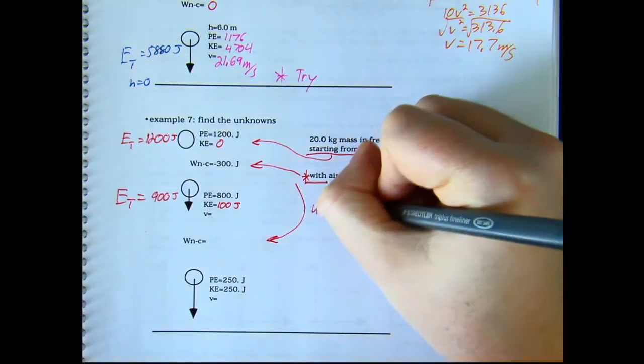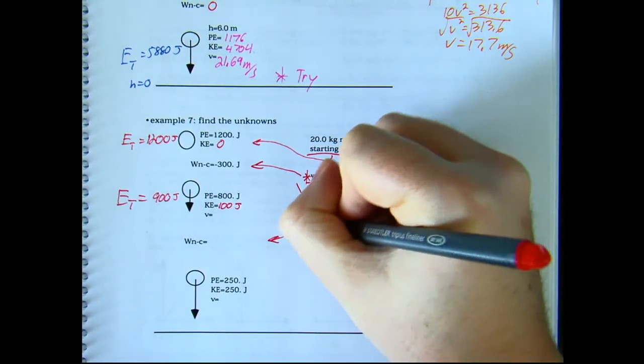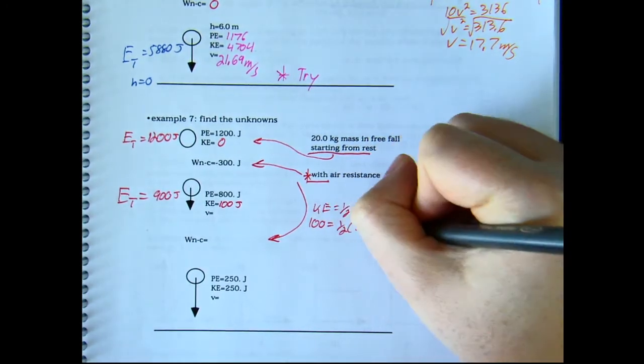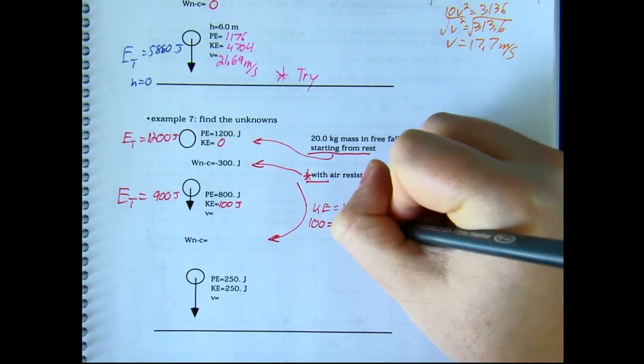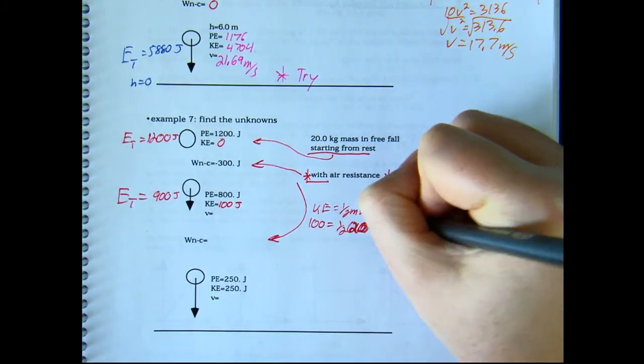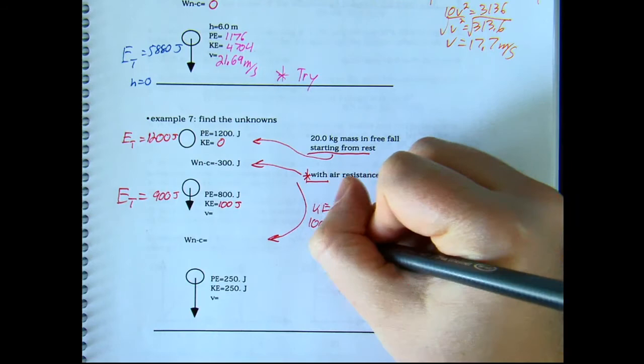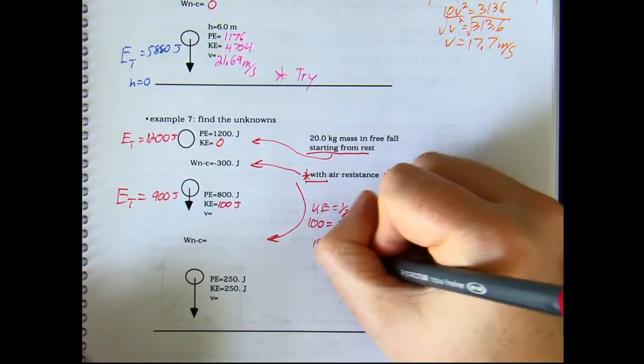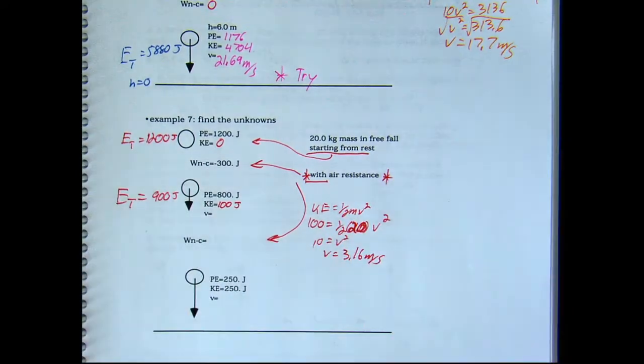KE equals half mv squared. I won't hold off, I'll just do it now. KE equals 1/2 times 20 times v squared, which means 10 equals v squared, so v equals root 10, 3.16 meters per second.